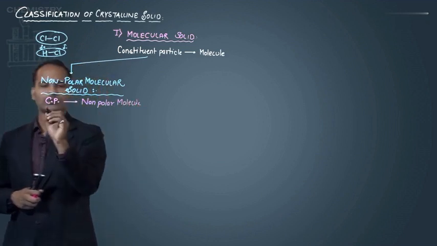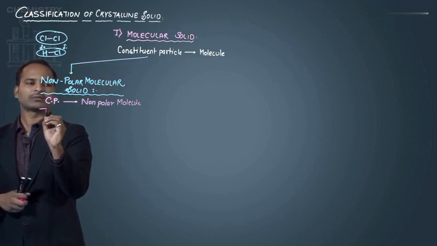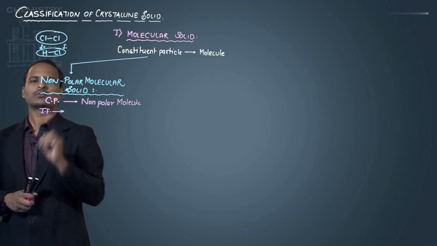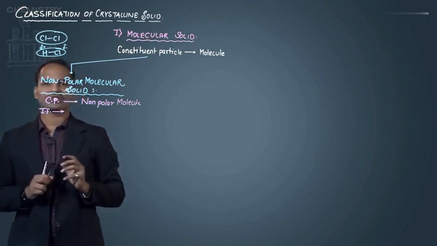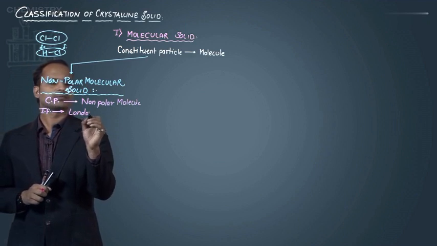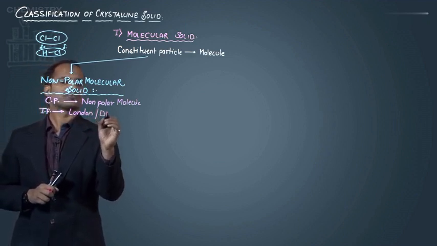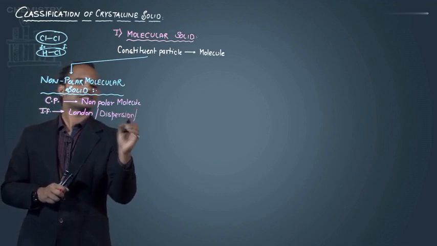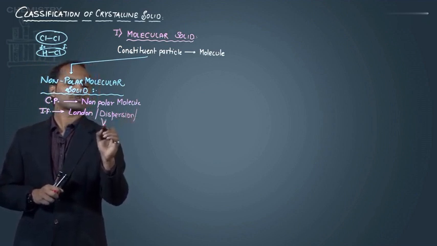This is non-polar molecule, and here the intermolecular force, that is the attraction present between the molecules, is London force or dispersion force, or I can say weak van der Waals force of attraction.